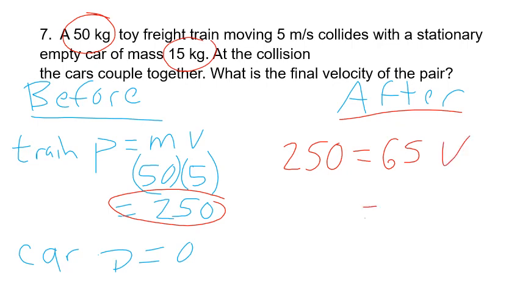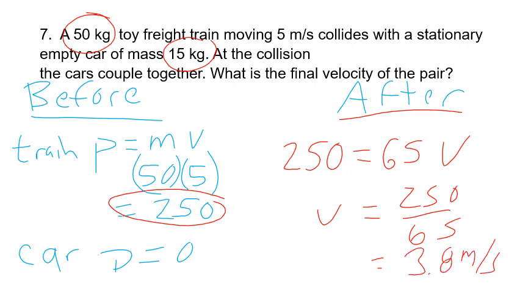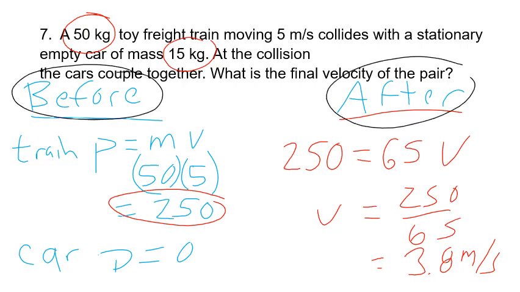The velocity is 250 divided by 65, which equals 3.8 meters per second. One of the tricks with these problems, you always have to remember that momentum is conserved. So before and after, the momentums are going to be equal.